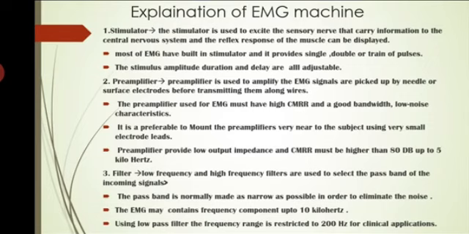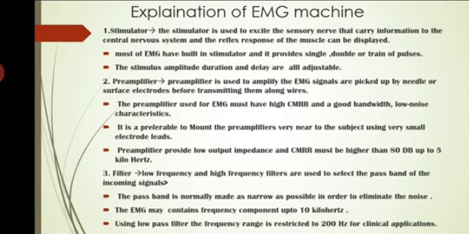Second, the preamplifier. The preamplifier is used to amplify the EMG signals picked up by needle or surface electrodes before transmitting them along the wire. A preamplifier used for EMG must have high CMRR, good bandwidth and low noise characteristics.